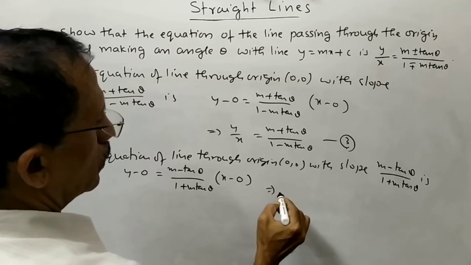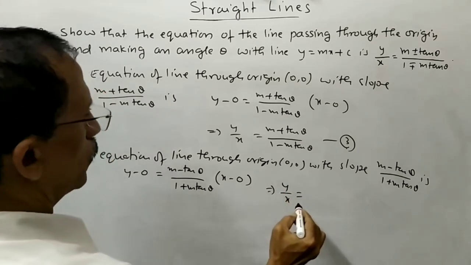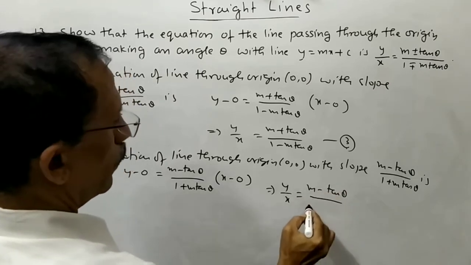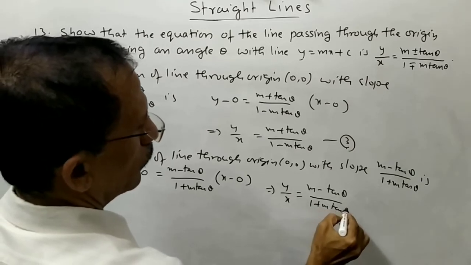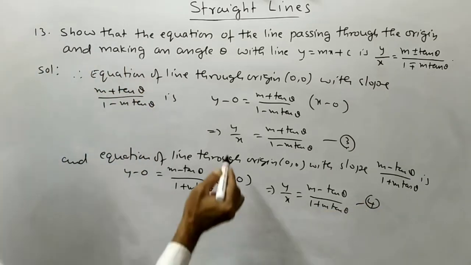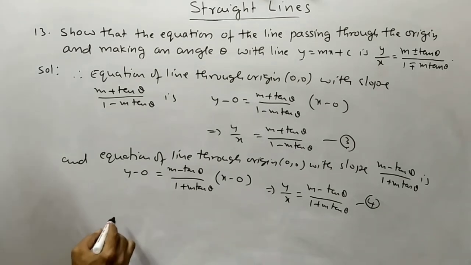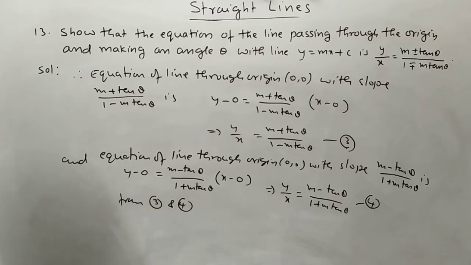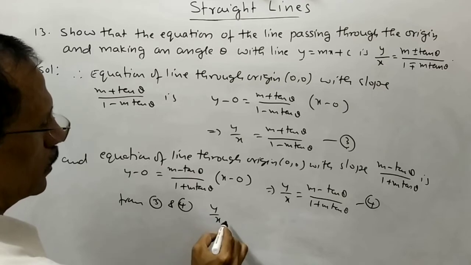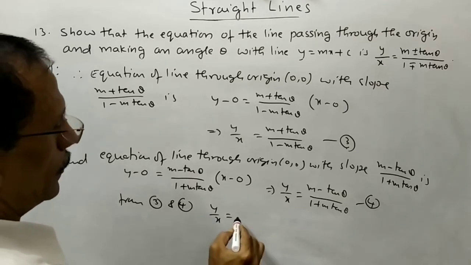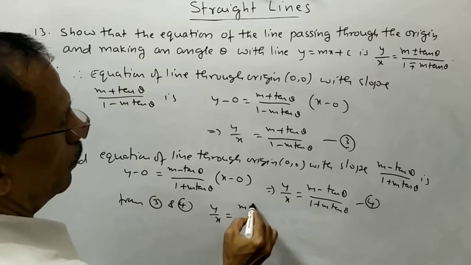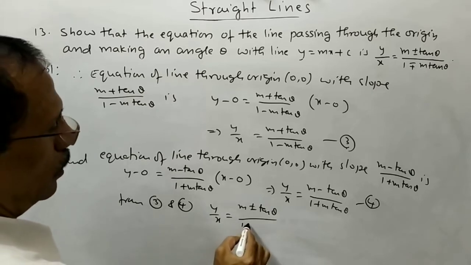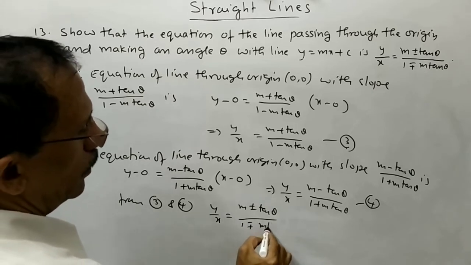This implies y by x is equal to (m minus tan theta) divided by (1 plus m tan theta), say number 4. When we combine 3 and 4, from 3 and 4 we get y by x is equal to (m plus or minus tan theta) divided by (1 minus or plus m tan theta).